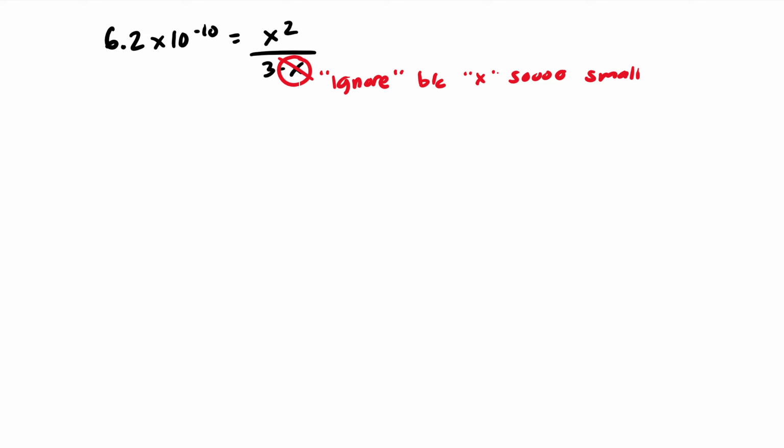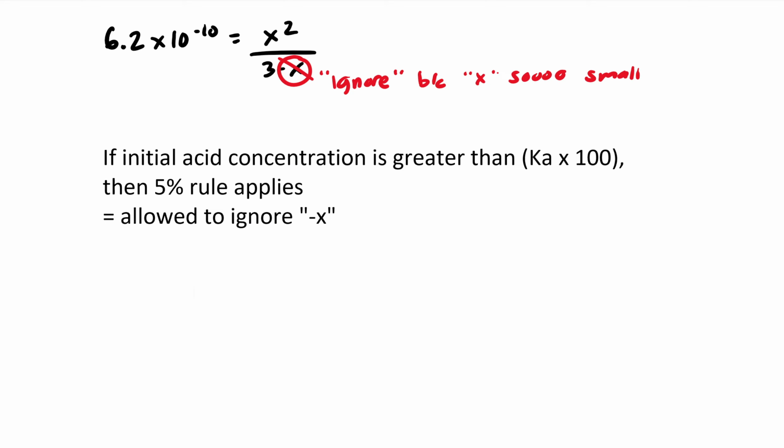Now, you might be asking yourself, well, how do I know that it's going to be less than 5% if I haven't even calculated the percent yet? There's a real quick way to determine if the 5% rule applies and you're going to ignore minus x. Essentially, if the initial acid concentration is 100 times greater than the Ka value, then the 5% rule is in play and you're allowed to ignore that minus x.